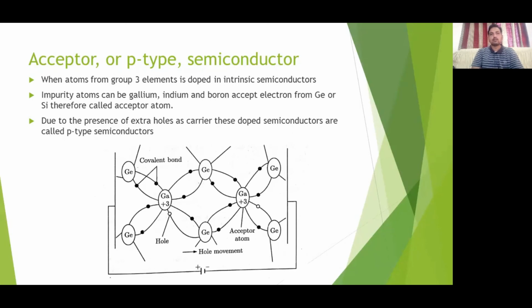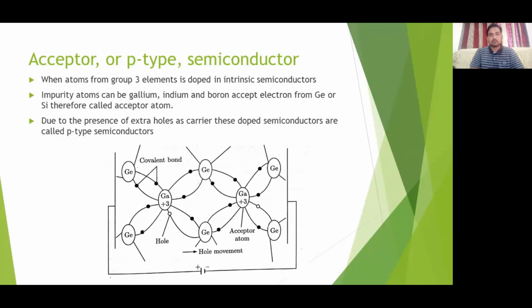Now we discuss acceptors or P-type semiconductors. This is the other class of extrinsic semiconductor, when atoms from a group 3 element are doped in an intrinsic semiconductor. Atoms of group 3 have 3 electrons in their outermost shell. The examples can be gallium, indium, boron, and so on.